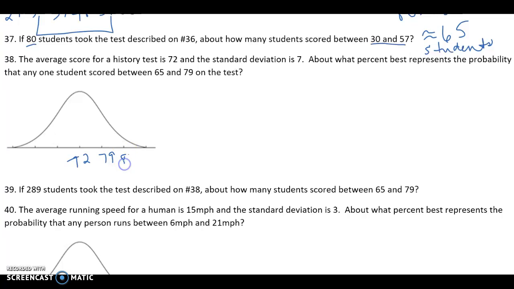Plus 7 more makes 86. Plus 7 more makes 93. Then going down, I got 72 minus 7 gives me 65. Minus 7 gives me 58. Minus 7 gives me 51.